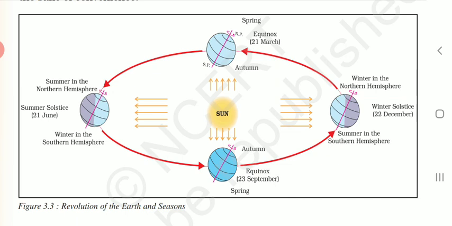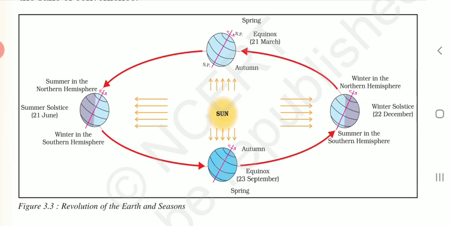So, as you can see here, we will start from the month of March. On 21st of March, you can see the position of the axis of the earth. Here on 21st March, it is the equinox over the earth. Equinox means what?